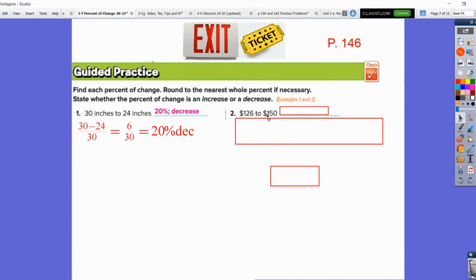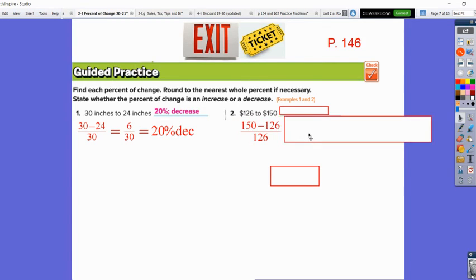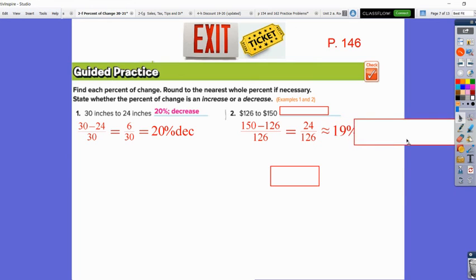From $126 to $150. The amount of change is $24, 150 minus 126, divided by the original amount, which was 126, the old amount. 24 divided by 126 in your calculator is 0.19 and so on.